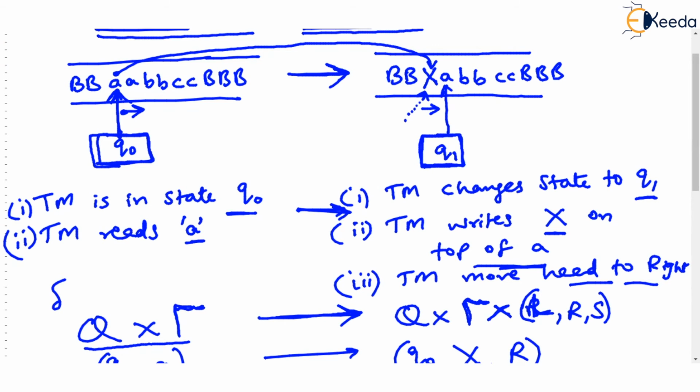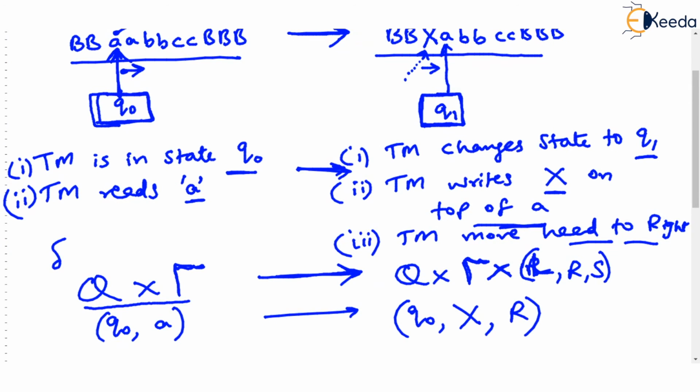How do you understand this now? Just check. If I write Q0 comma A, tell me, isn't Q0 a member of Q? Yes, it is one of the states. And A is a member of the tape symbols. Come on, A is coded on the tape. So this set, recall this is a set, contains A. So Q0 is an element of Q, A is an element of the tape symbols. You can say that this is the delta function. But what does it result in?